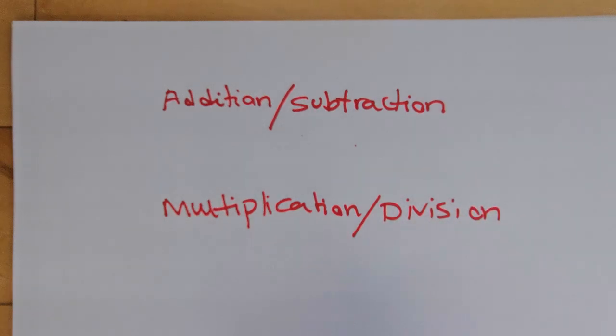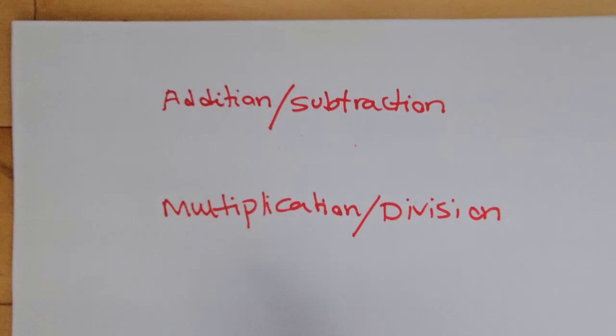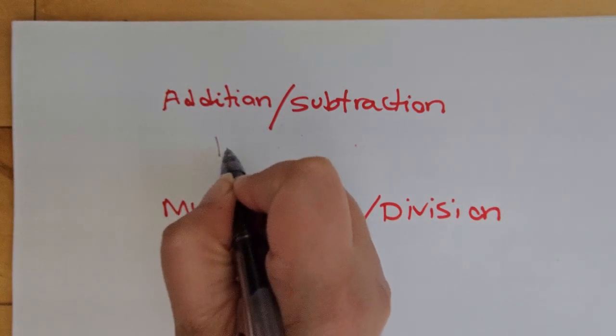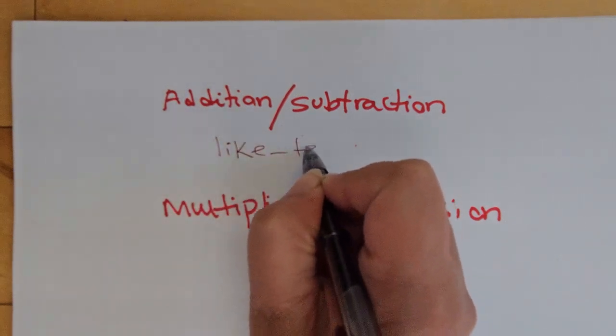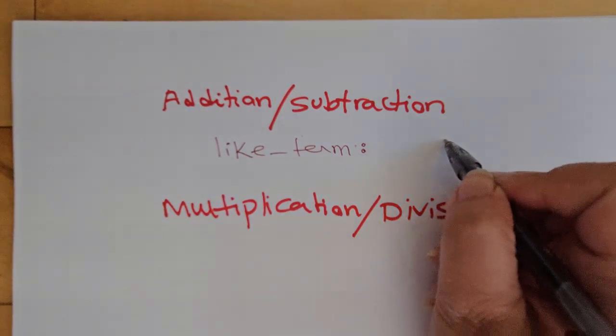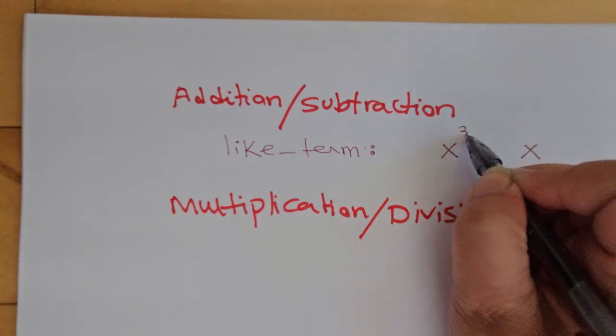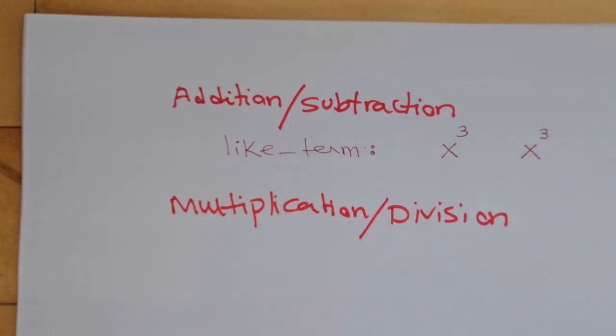In order to do addition or subtraction, we have to introduce another terminology, which is like terms. I don't know how many of you have heard this before, but like terms are two terms which have the same variable and the same power.